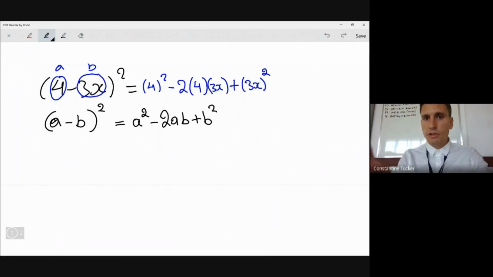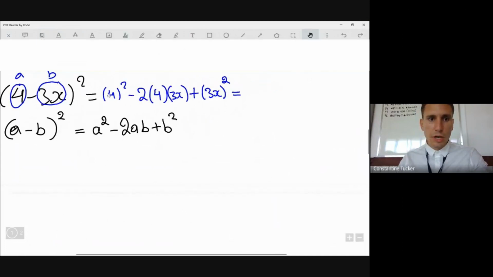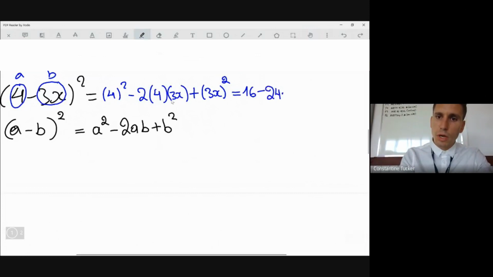Okay, so now let's try to simplify this. Firstly, what is 4 squared? 4 squared is 4 times 4, which gives us 16. And then we have a minus. Let's just write that down to remember it. And then we have 2 times 4, which is 8, and then times 3, which is 24, because 2 times 4 times 3 is 24. So we can write down 24x, the x because that was an x there.